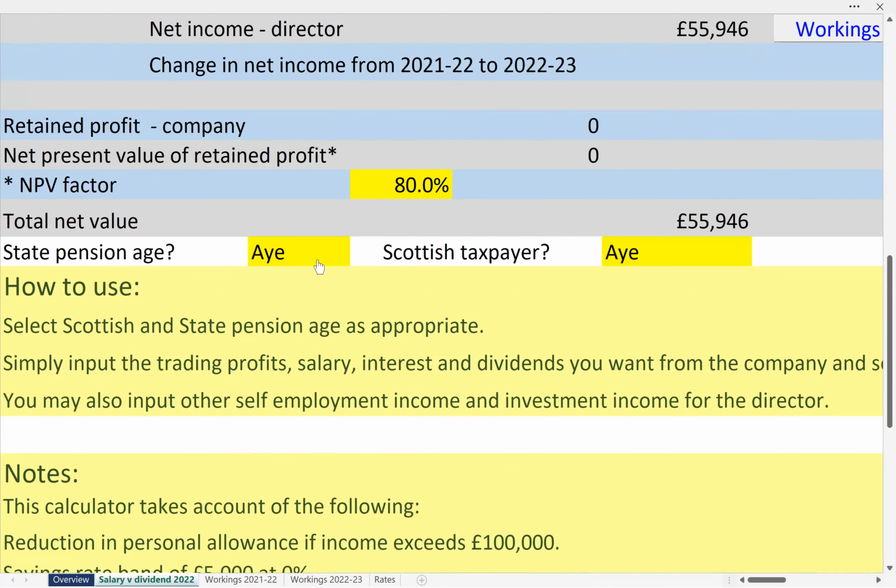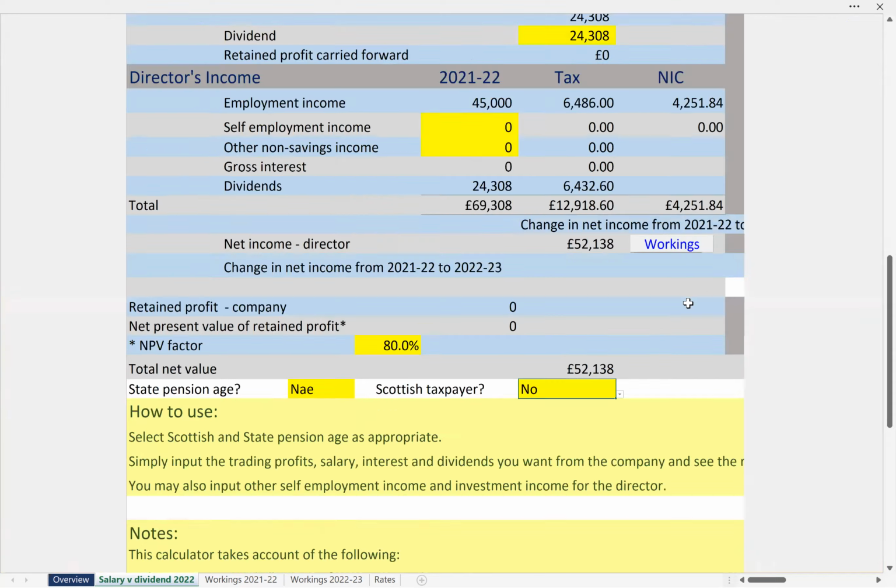So the Scottish pensioner 55,946, not a pensioner, it goes down because of the national insurance. And then at that level of salary, not Scottish, I'd expect it to go up. That 51,694 goes up to 52,138. So you can see how it's all working out, all the different combinations of taxpayer.